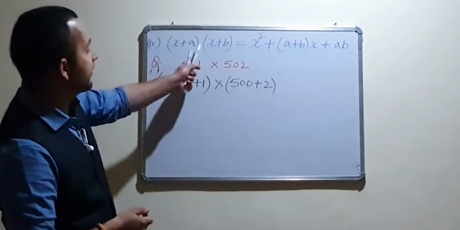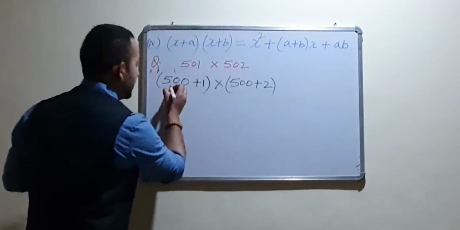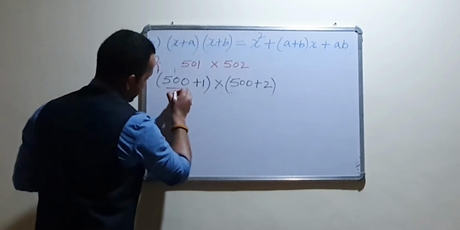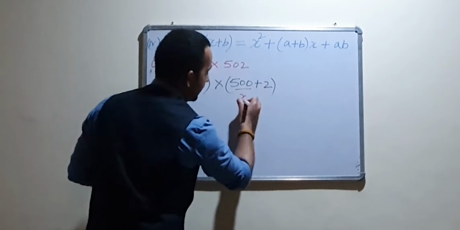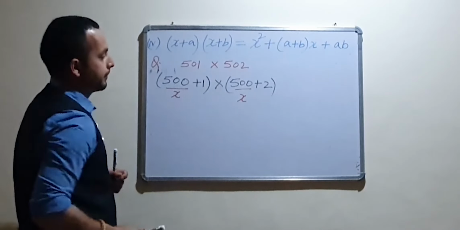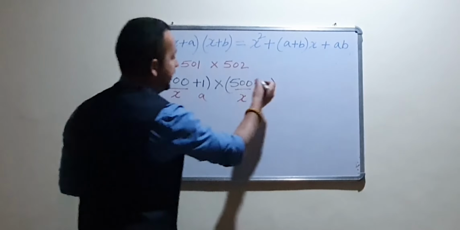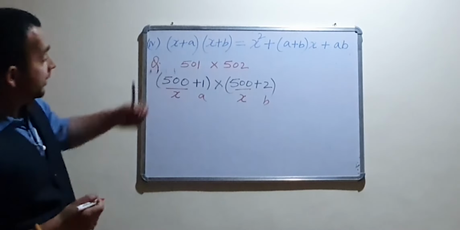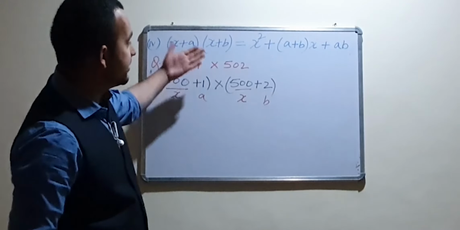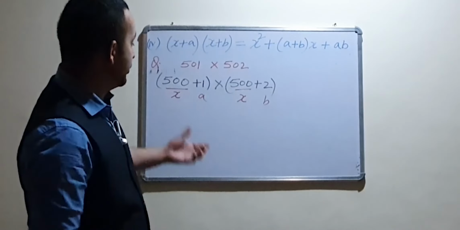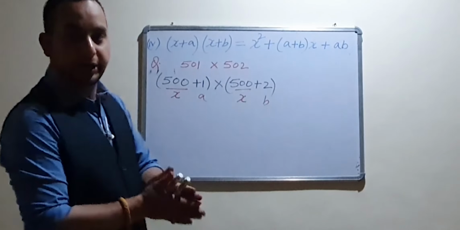Now see, it is in the form of (x plus a)(x plus b), which means in place of x there is 500, in place of x there is 500. See, same. Now in place of a it's 1, in place of b it's 2. Now you clearly identify that this is identity number 4, because you have x common and your a and b are different.